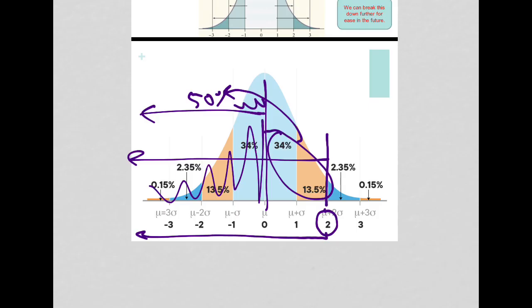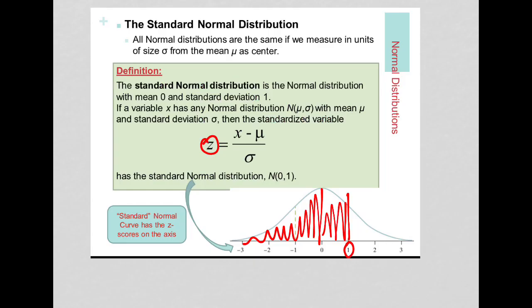If I just go back here, that's that 34%, 1 standard deviation above the mean. So altogether, if their test score was 1 standard deviation above the mean, I know they scored better than 84% of students. So their z-score equals 1, their percentile.